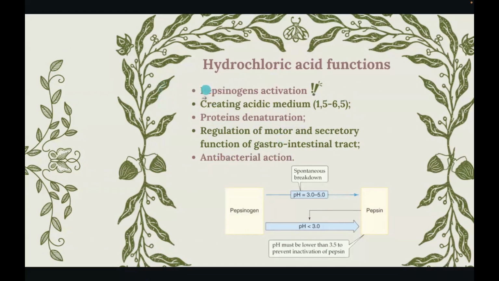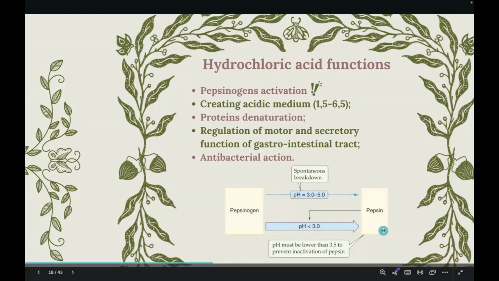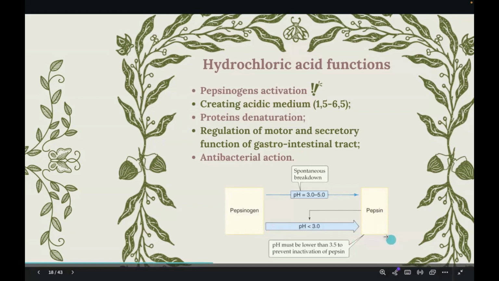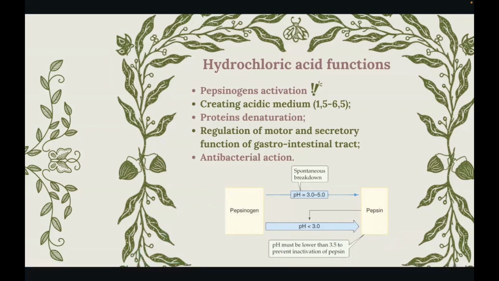But the most important function is pepsinogen activation. We said pepsinogen is produced by the chief cells, in its inactive form. So who's going to activate it? The hydrochloric acid. The hydrochloric acid activates pepsinogen and converts it into pepsin, and this pepsin breaks down proteins and produces the chyme. Why does pepsin only work with HCl?